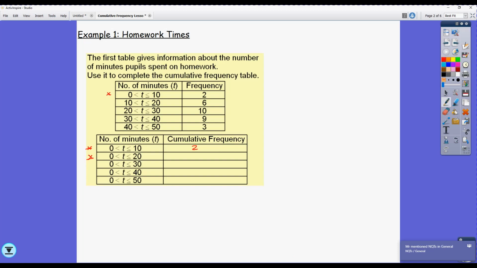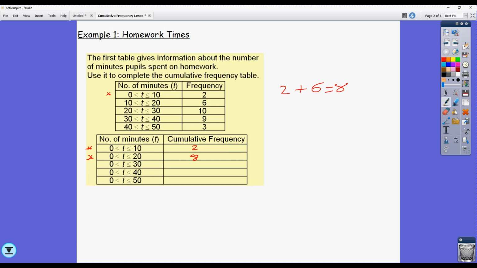Let's have a look at the original table: between 0 and 10 minutes there are 2 pupils. If we're looking at 0 to 20, then 0 to 10 is included, and then we also have to include the 6 pupils between 10 and 20. So we're going to have 8. Between 0 and 20 there's 8.